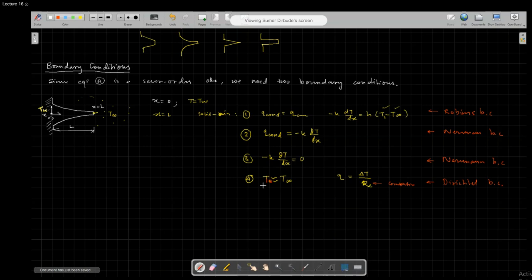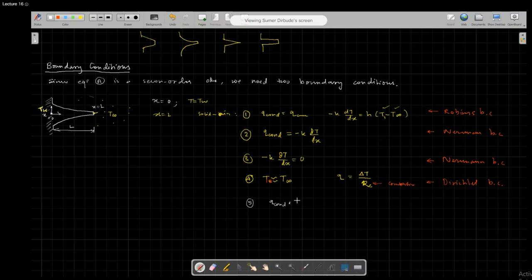Another possibility is also there. One more possibility can be, like we said, conduction and convection. It is also possible that Q conduction can be equal to the radiation at the surface.